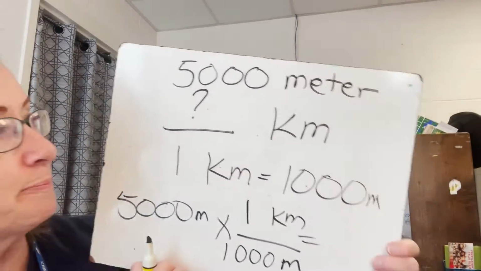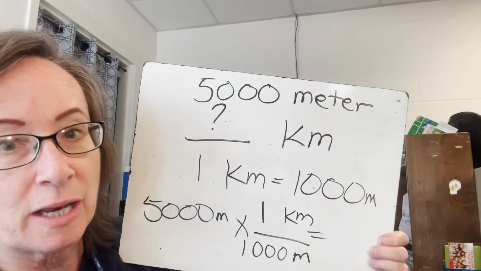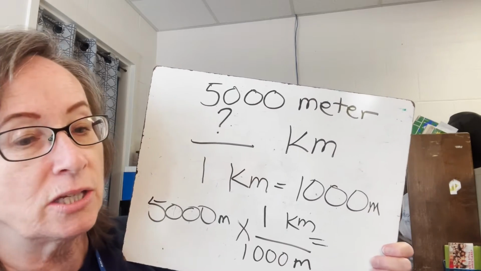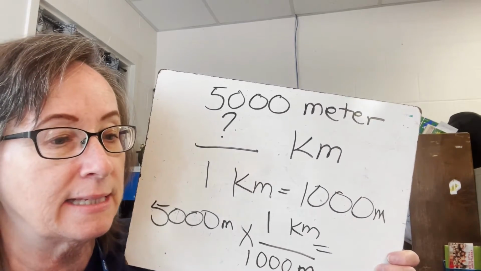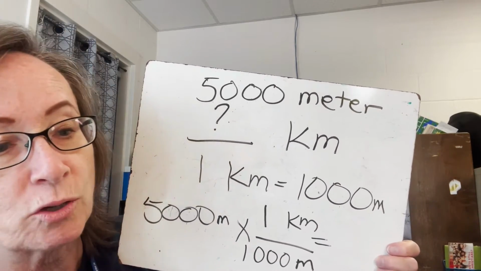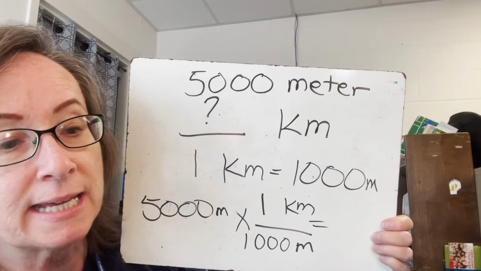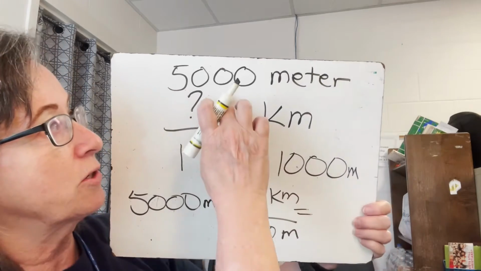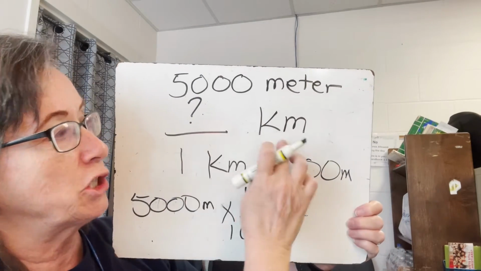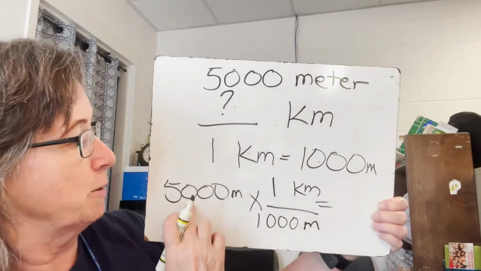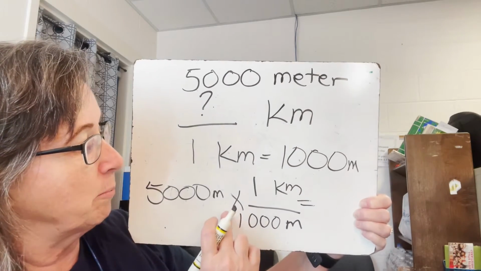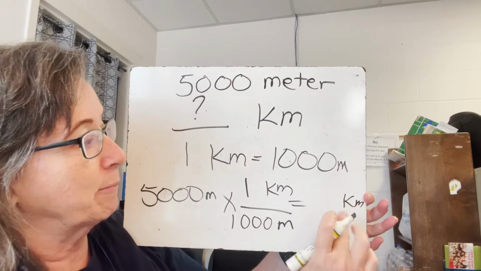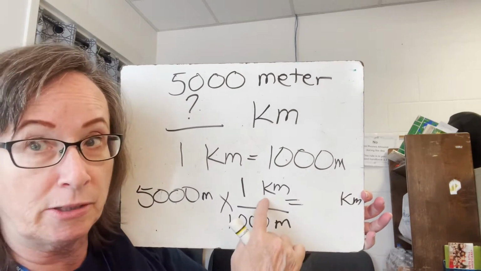Example 3. We have 5,000 meters, and we're trying to get to kilometers. So it says the 5,000 meter run is an Olympic event, how many kilometers is 5,000 meters? So we're going to start with 5,000 meters. We're going to try to change it to kilometers. I'm going to multiply by something to get kilometers. Since I'm going to kilometers, I want kilometers on the top.